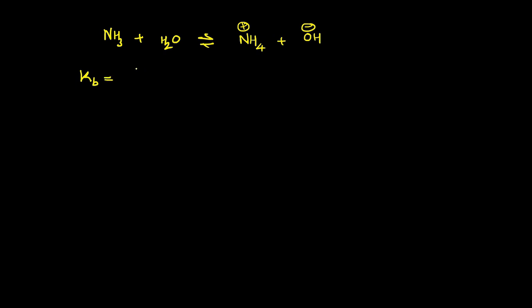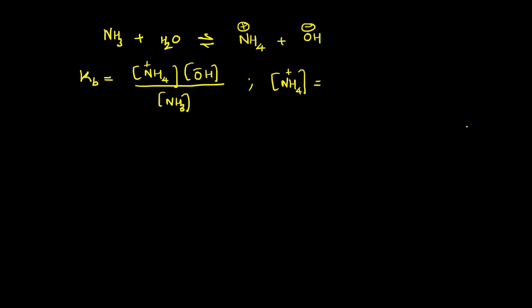If we write the equation, it will become concentration of NH4 plus times concentration of OH minus divided by concentration of NH3. We can solve for the concentration of NH4 plus very easily: Kb times concentration of NH3 divided by concentration of OH minus.